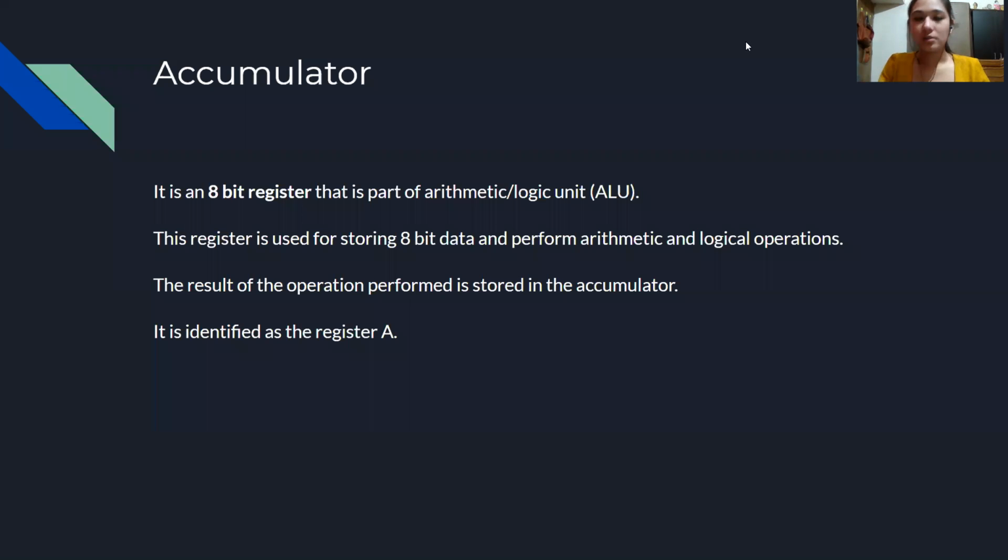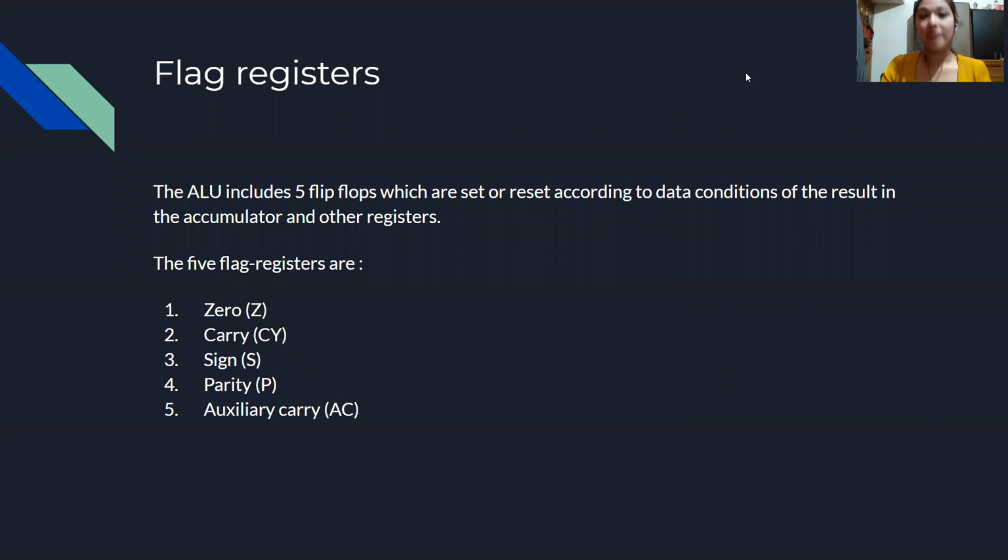Now, moving on, we come to the flag register. The ALU includes 5 flip-flops, which are set or reset after an operation according to the conditions of the result in the accumulator and the other registers.